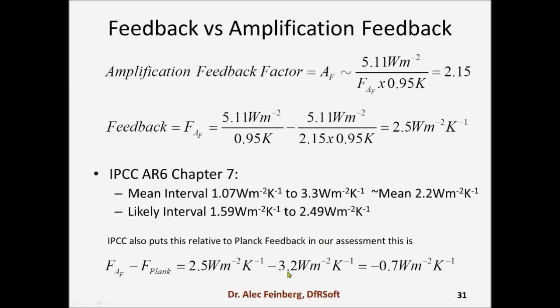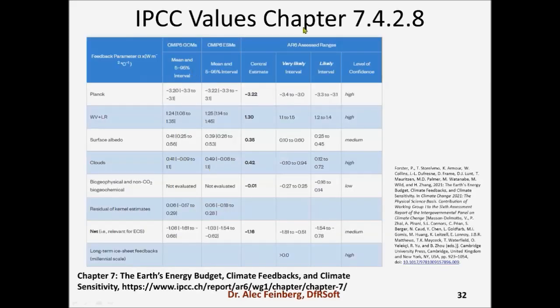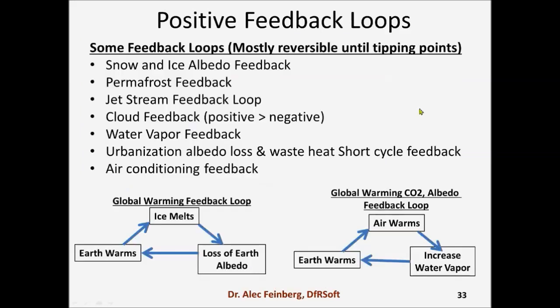We're not going to work on that, but you can see the Planck feedback is about minus 3.2, and that would give you a minus 0.7 watts per meter squared per degree K if you added that. So you can make comparisons that way, and you can see the IPCC values in Chapter 7, this section right here, where they advertise the feedback types. You can look at those and study those, and I recommend you do that.